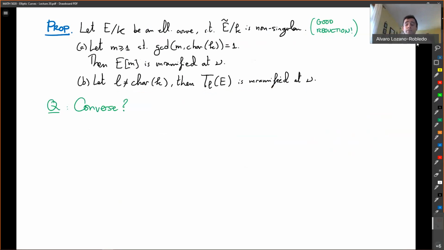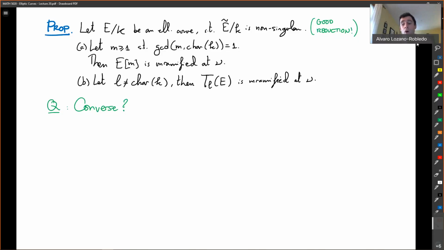So the extension defined by all the l-power torsion points is unramified at nu, as long as l is different from the characteristic of the residue field.